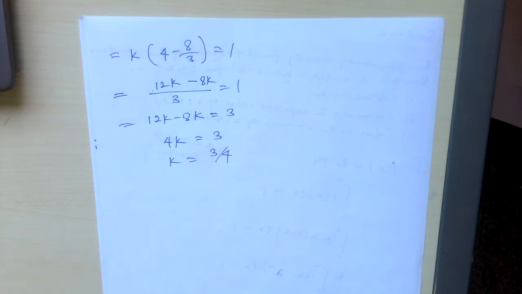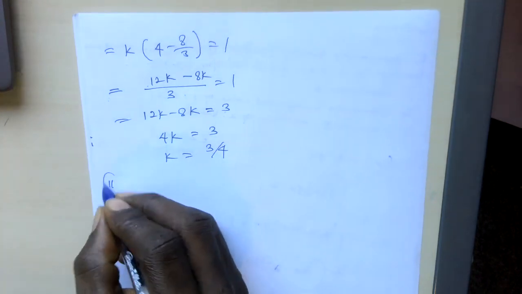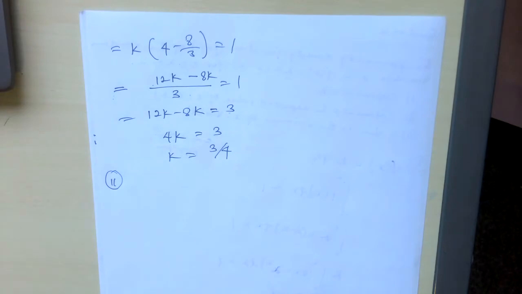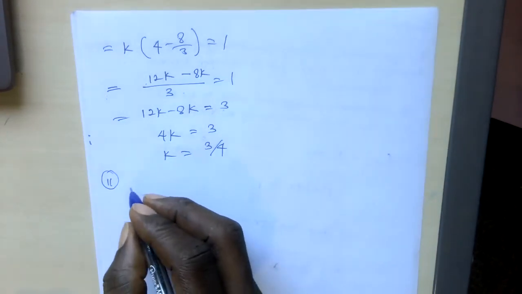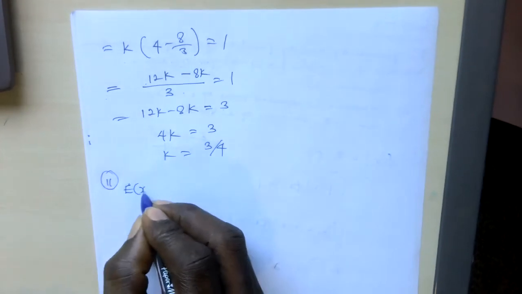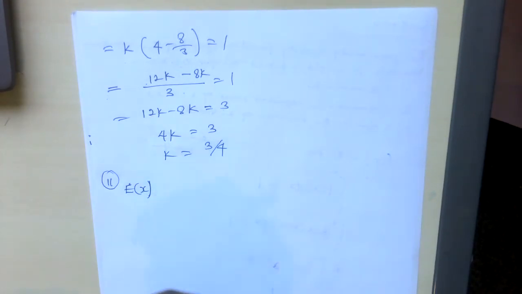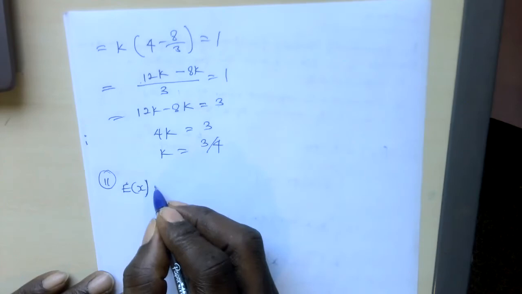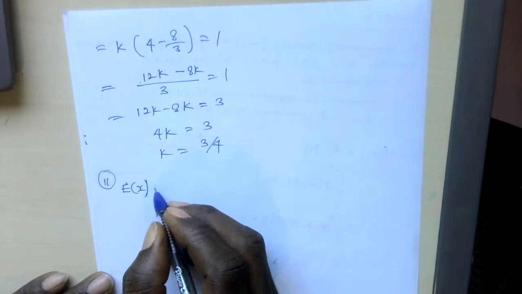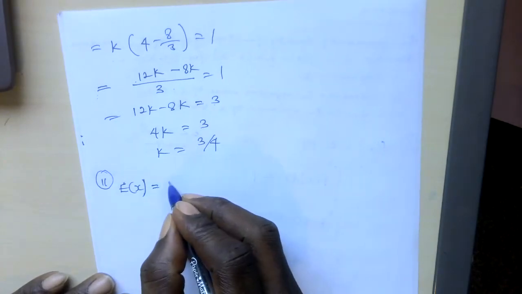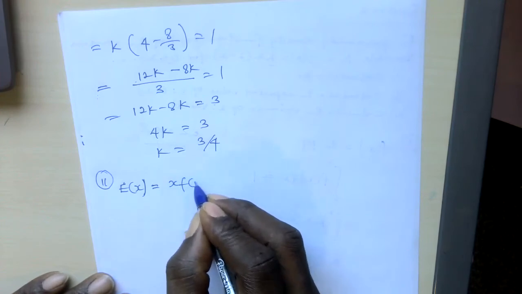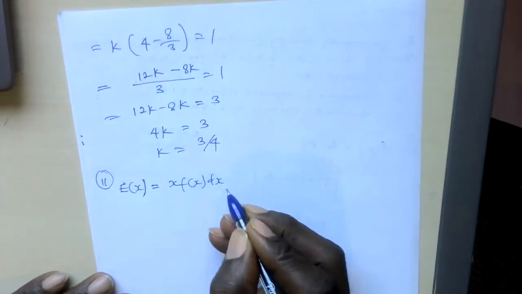So now the next question is to calculate the expected value of x. What's the expected value of x? Like I've shown you before, the expected value of x under this continuous function is the integral of x f of x dx.